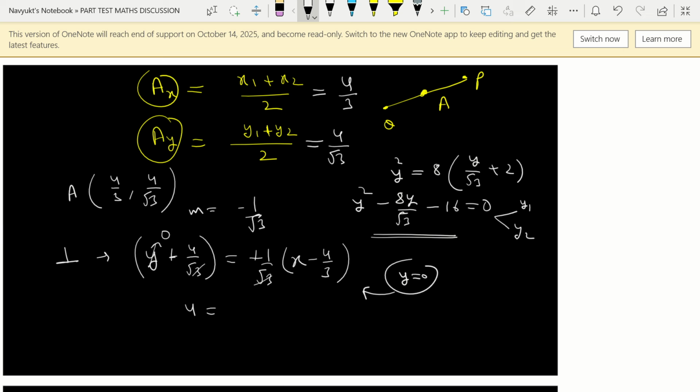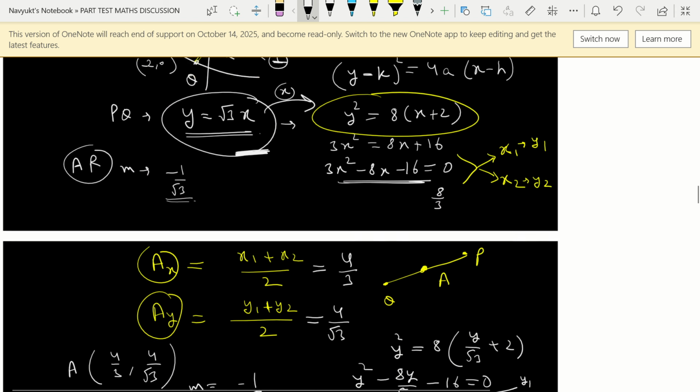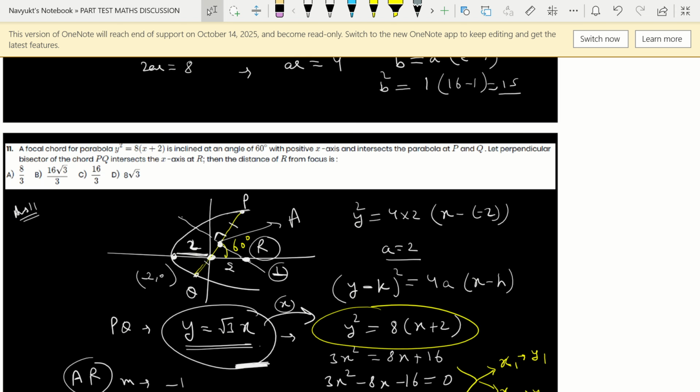Minus 1 is also cancelled. 4 equals x minus 4 by 3. So the value of x, which is actually the distance of R from O, the origin, will be 4 plus 4 by 3, which is (12 plus 4) by 3, that is 16 by 3. So that will be our answer, which is option number C.